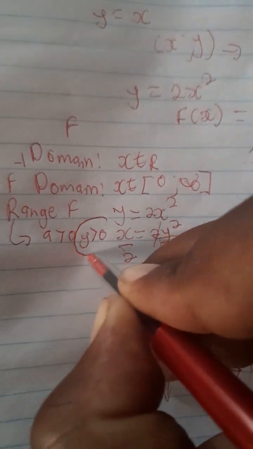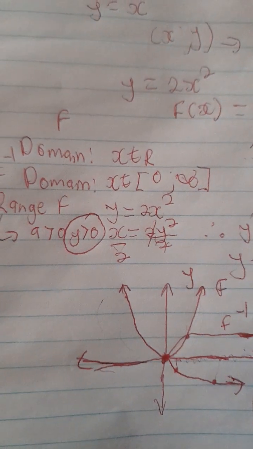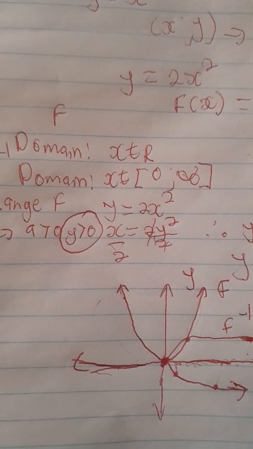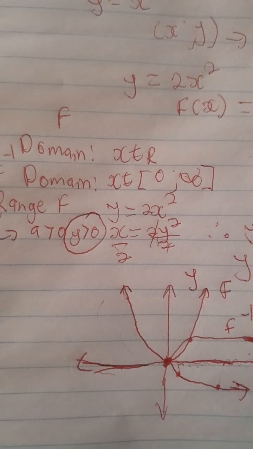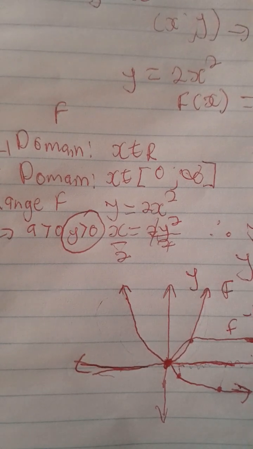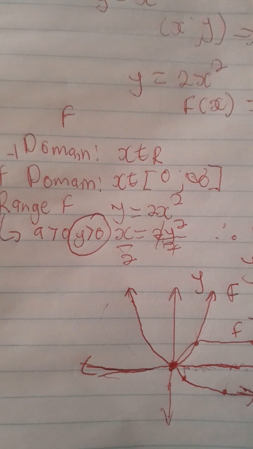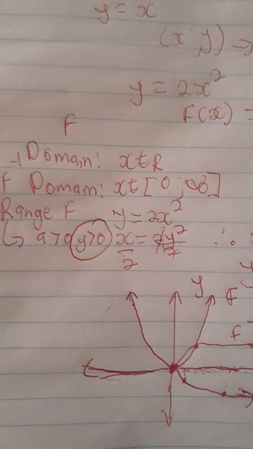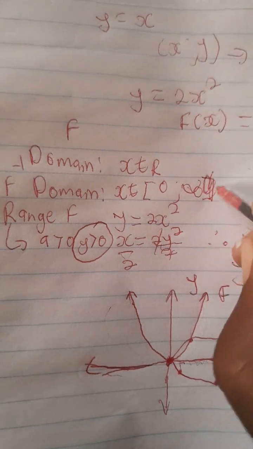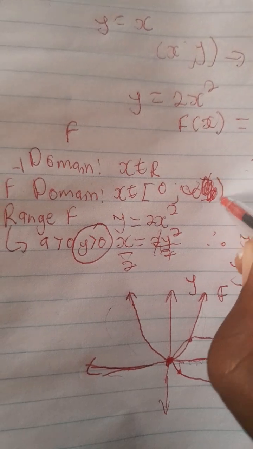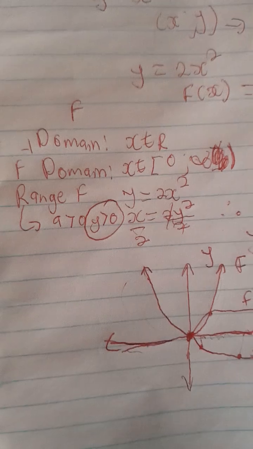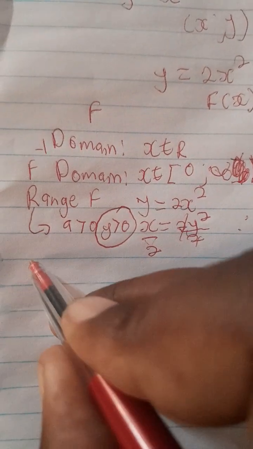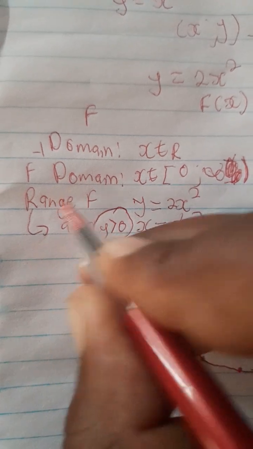So in this case, your range will be y is greater than 0, or you could say y is an element of 0 to infinity. I hope I'm making sense. In terms of the domain of the inverse, sorry, here you use a bigger bracket and a smaller bracket here. I just made a mistake, so it's fine. So this is how it should be. So this is the range of f.